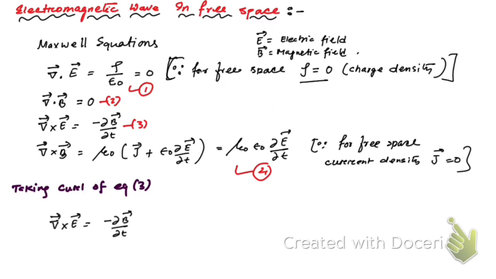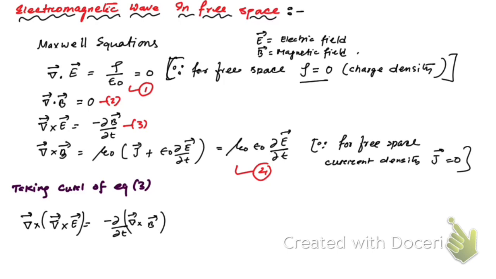If we take curl of this equation, we take curl on this side as well as on the other side, and here the curl can be written inside, curl of B. So I have taken curl on both sides.